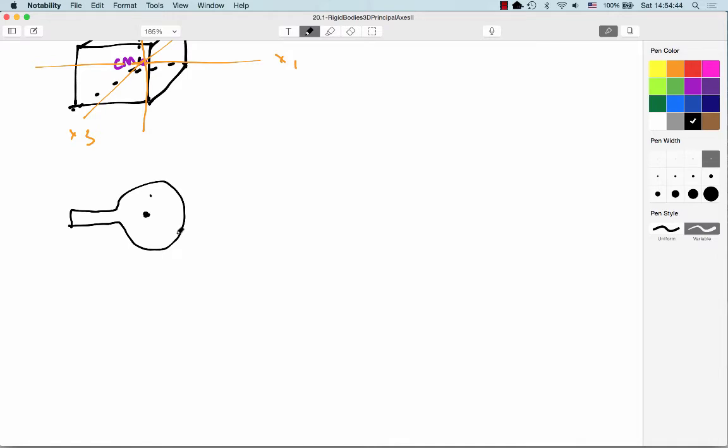We'll put the origin here. It's abundantly clear that that's got to be a principal axis. It's less clear where we should be pointing our x1 and x2.